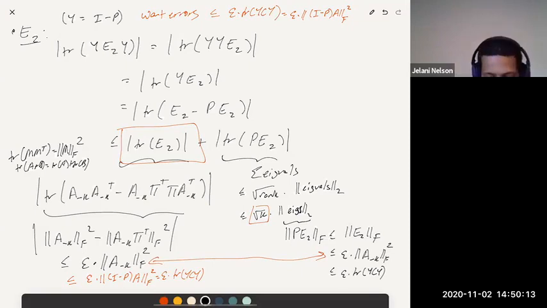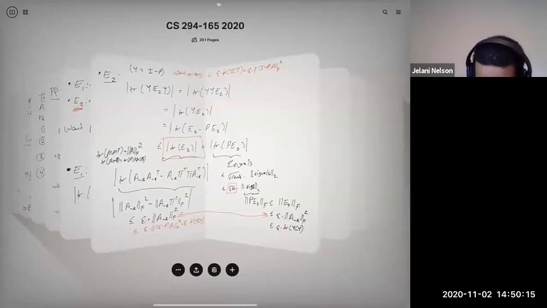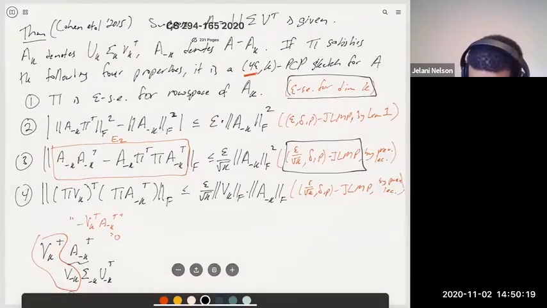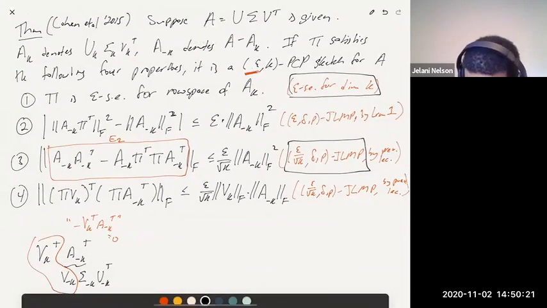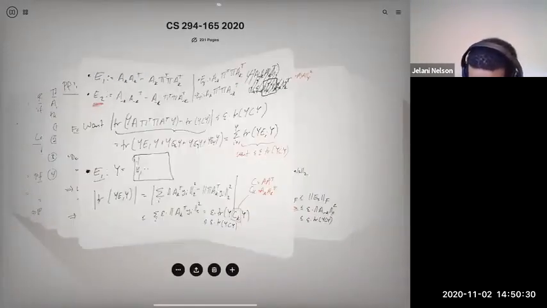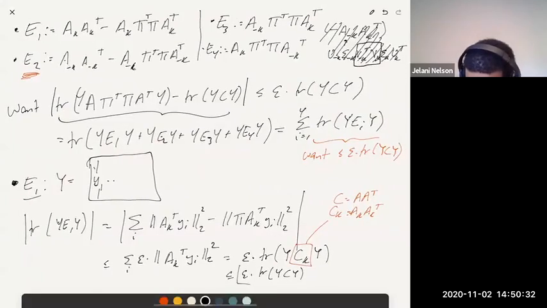Now that I look at this, I think I might need to slightly adjust my theorem. Not in any way that matters that much, but I think this 4 epsilon needs to be a 5, maybe. Let's see if I forgot another epsilon. Maybe I need to make it a 6. So the point is, when I handled E1, I picked up 1 epsilon.